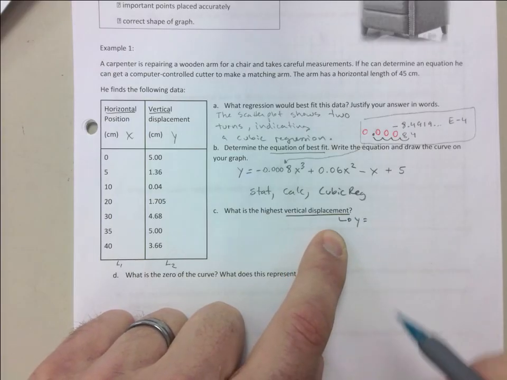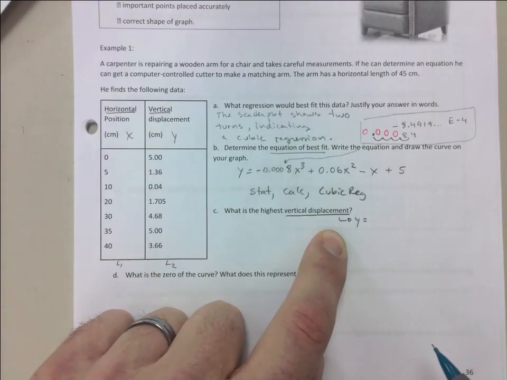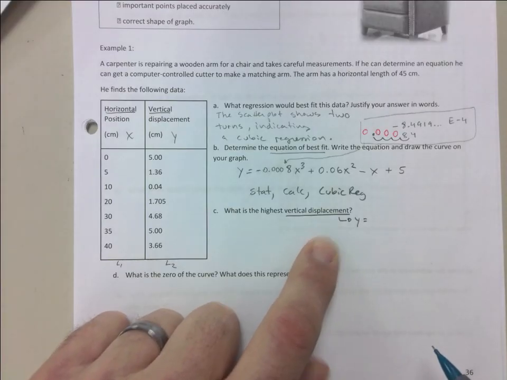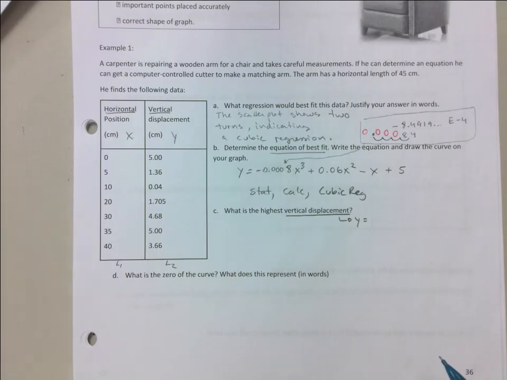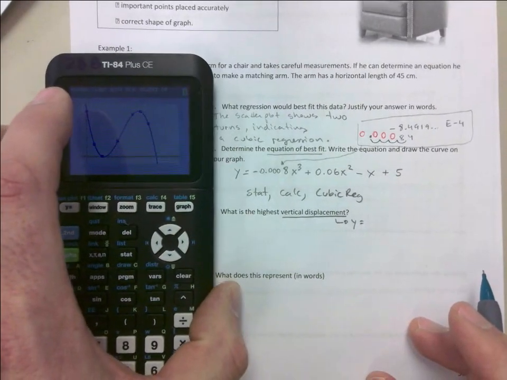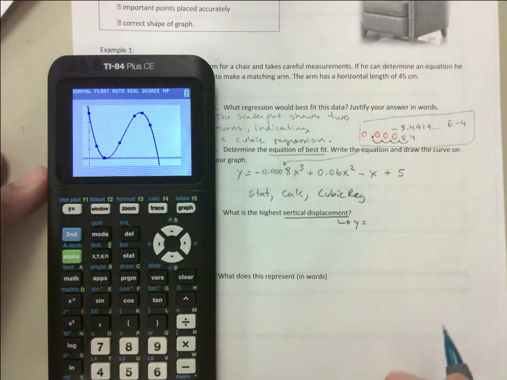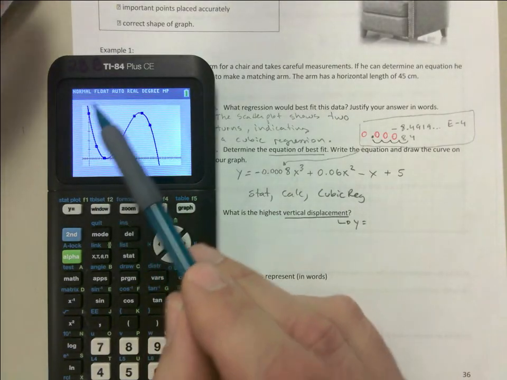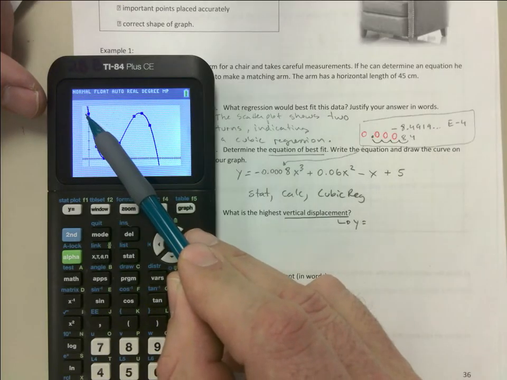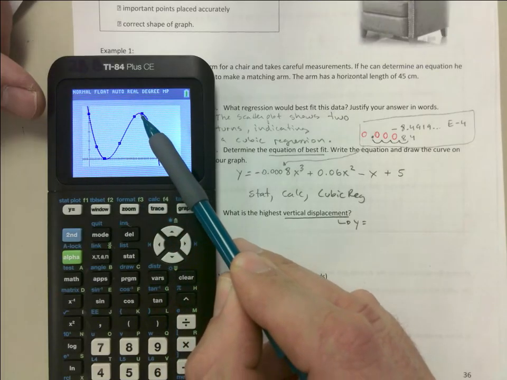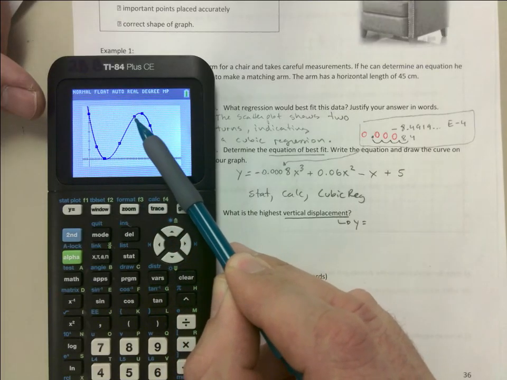The highest y value here. And where would that be found? It could be right here at the y-intercept, but it could also be found at the highest point here.